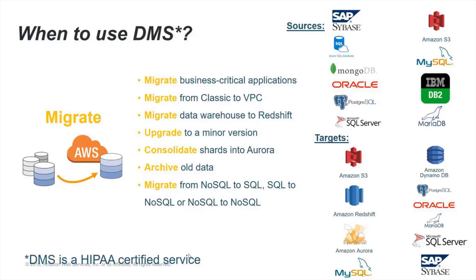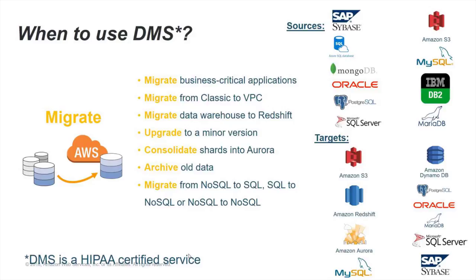You can also use DMS to migrate your data and archive it on S3. At the same time, DMS helps you migrate from a NoSQL solution to a SQL solution like MongoDB to Postgres, from a SQL solution to a NoSQL solution like Oracle to DynamoDB, or from NoSQL to NoSQL, which is Mongo to DynamoDB.